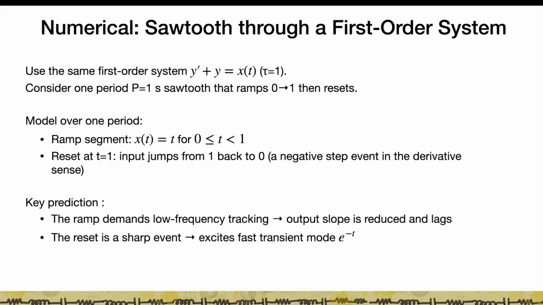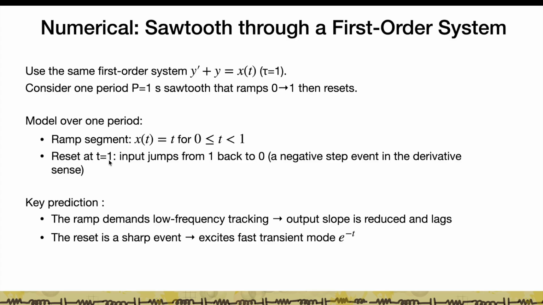Now let's look at the same sawtooth through this first order system. So consider one period with P equal to 1 second and a sawtooth that ramps from 0 to 1 and then resets. So if you solve y prime plus y is equal to t with y of 0 equal to 0, we get y of t and y of t plus 1.